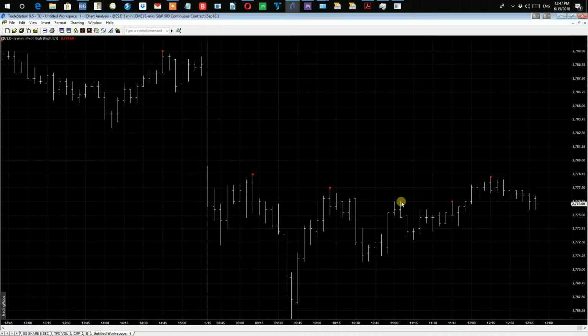So the question becomes, how can we set up a chart using seconds to emulate a chart using minutes? That's fairly easy for us to do. If we want to use a pivot definition of 5 and 1, but for a 5-minute chart, and use a 30-second chart for our actual trading, then here's what we need to do.